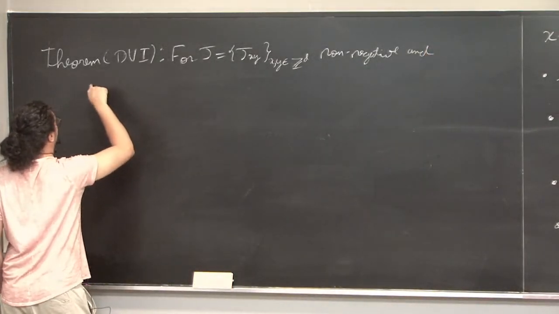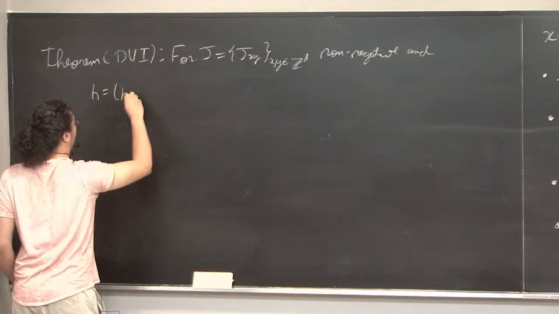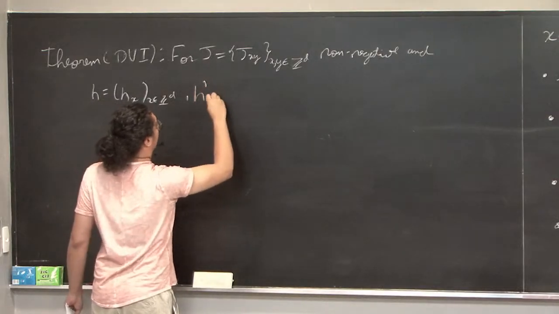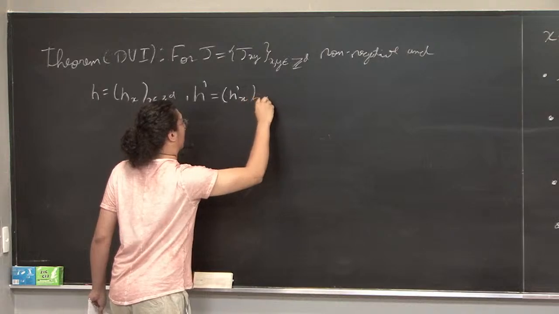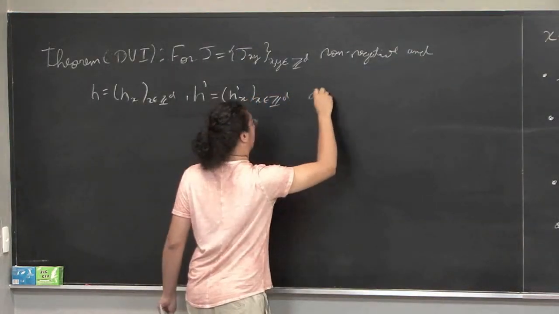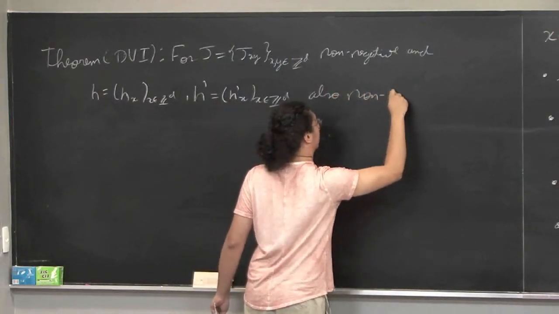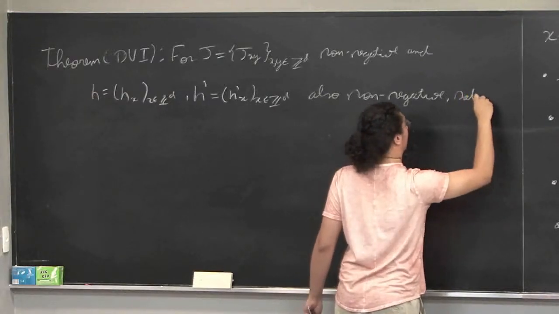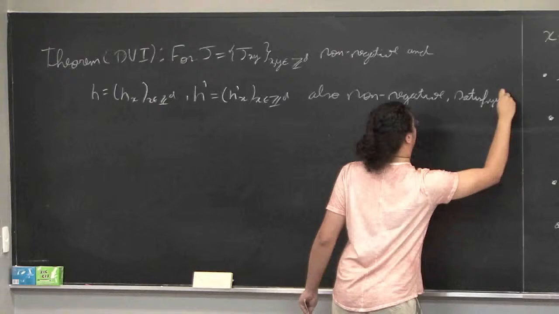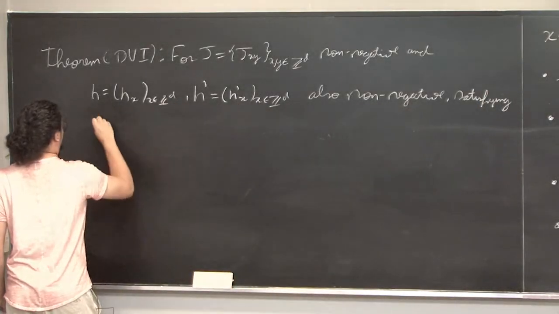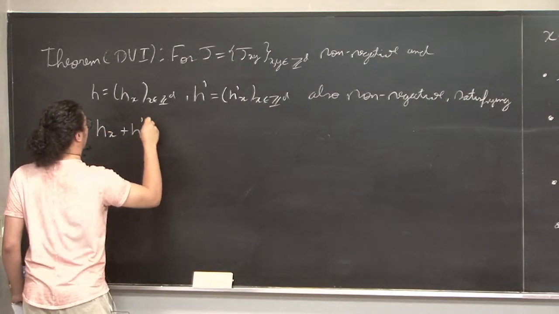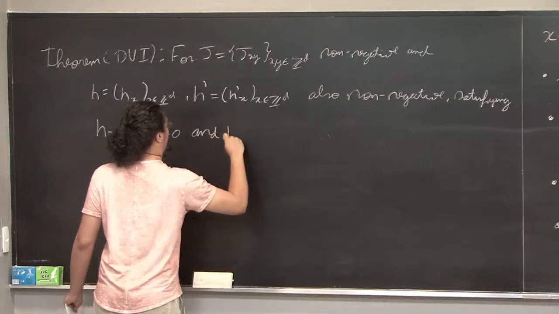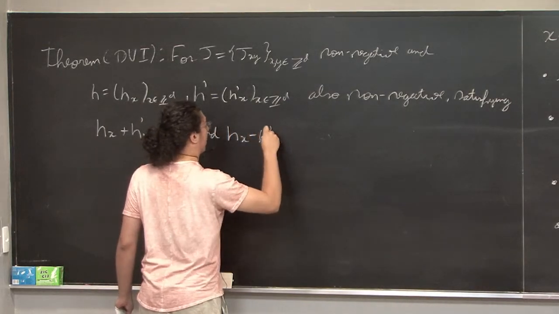we have the external fields h_x in Z^D, h prime_x on Z^D, also non-negative, satisfying, we have to satisfy this: h_x plus h prime_x bigger than 0, and h_x minus h prime_x bigger than 0.